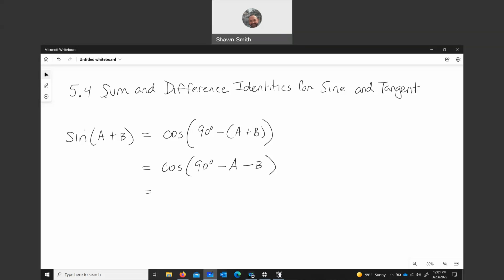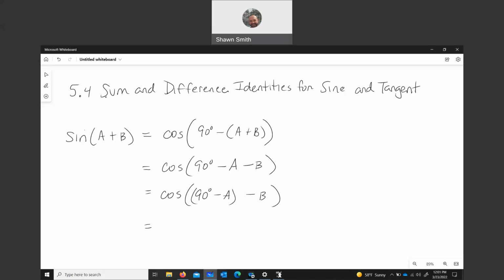Well, I'm going to group 90 minus A. So now 90 minus A, that's one angle, and B is one angle, right? Still got three angles in here, but grouping two together, the sum of those two is still an angle.